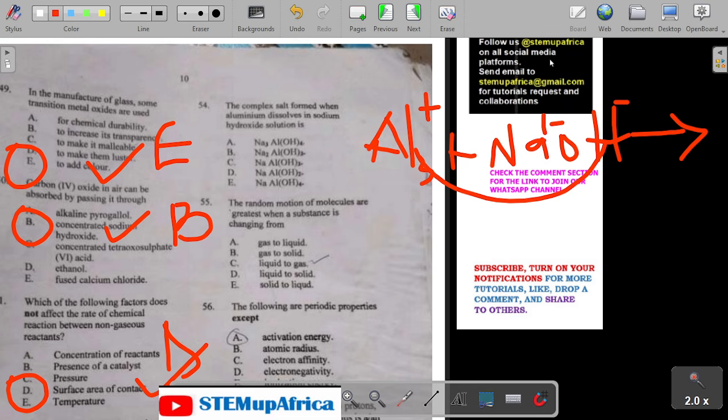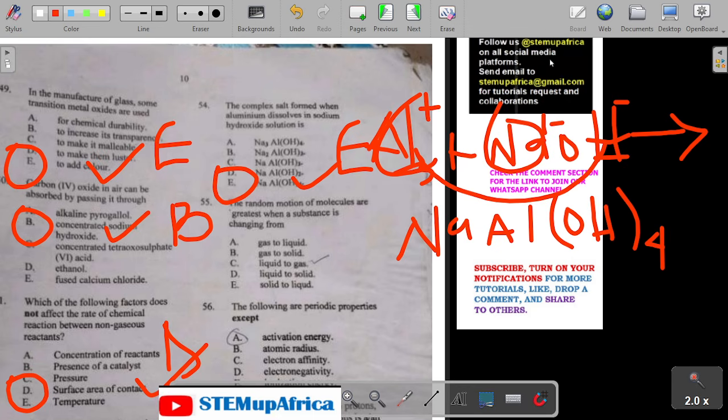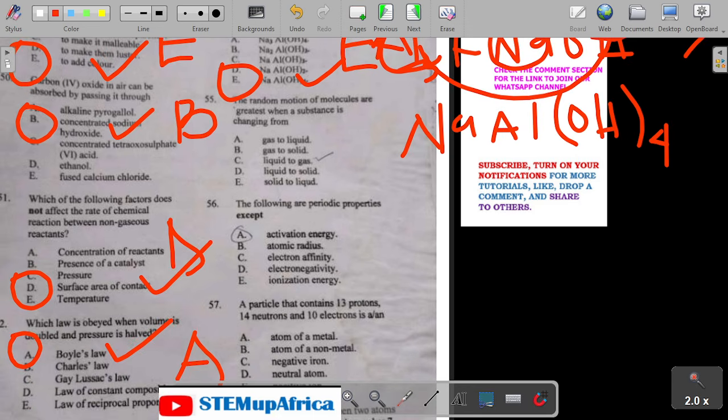So this will combine with this to form NaAl(OH)4, because the charge exchange is 4 and 1. So which is the option? That should be option E. NaAl(OH)4, that's option E.